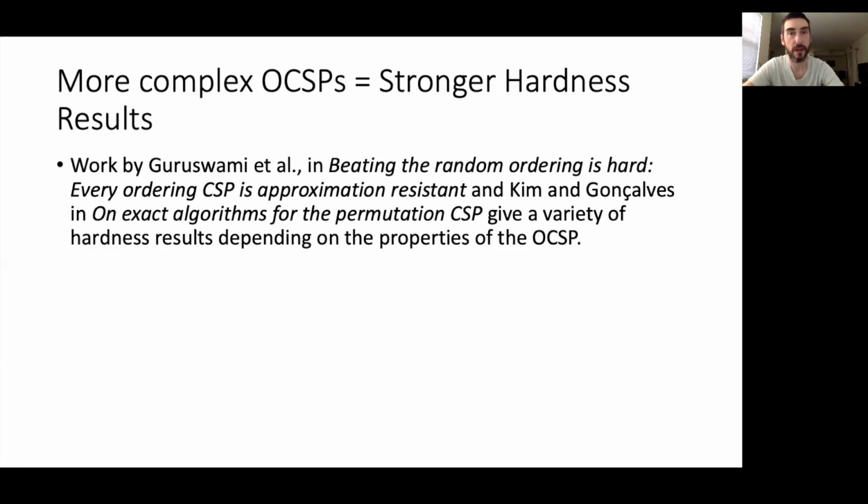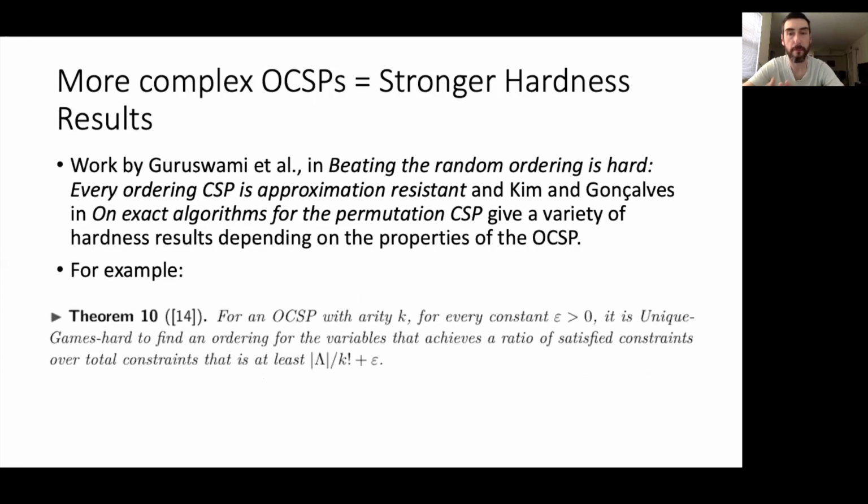In particular, one of the results is that if you have an ordering constraint satisfaction problem of arity k, then for every epsilon, it's hard to find an approximation that gives you a cardinality of lambda over k factorial plus epsilon approximation, and that's NP-hard under the unique games conjecture.